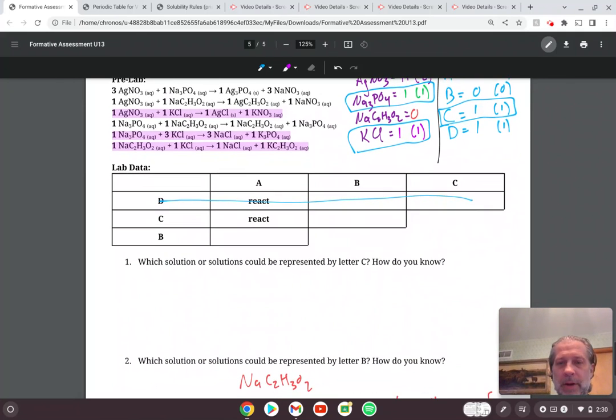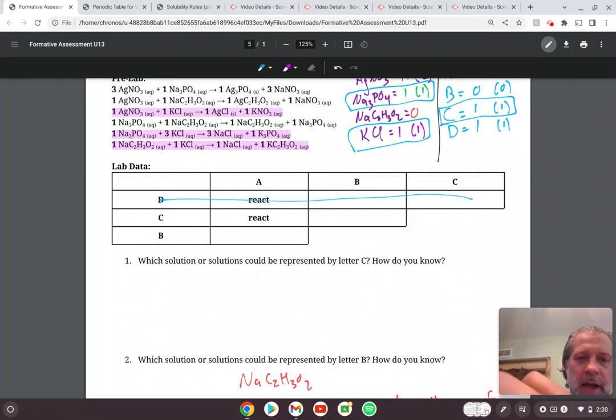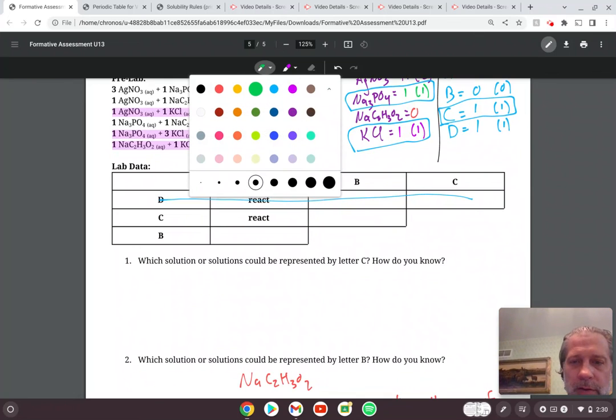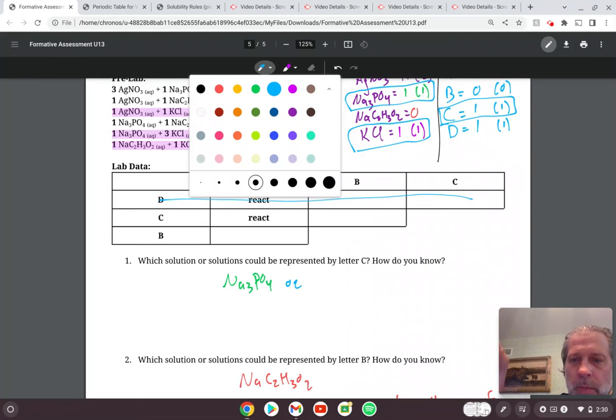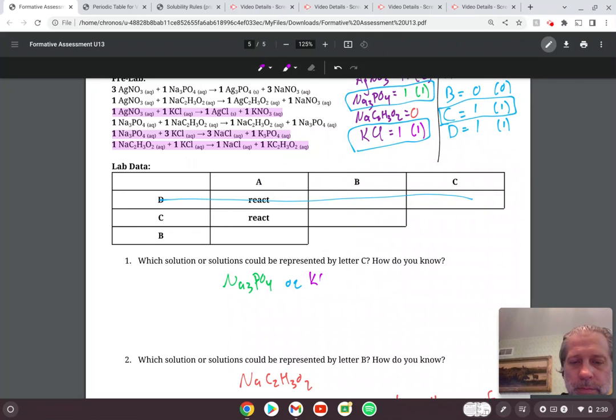So the answer that we will be looking for in this case would be Na3PO4 or KCl. And how did I know that?